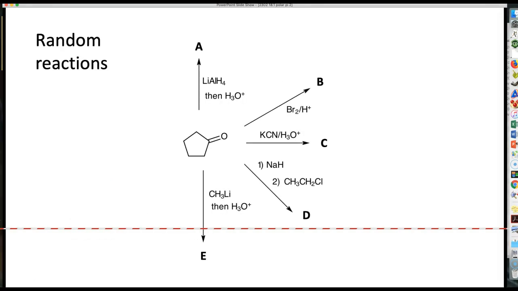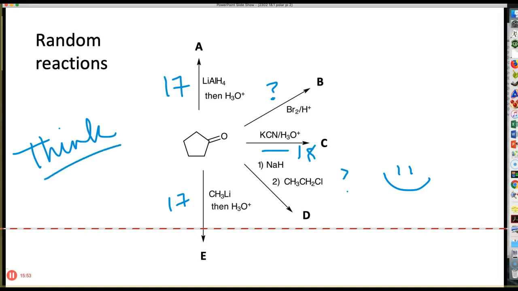All right, so here is just a quick screenshot of some random reactions for you to play with. I will put the key for these in the next mini lecture, but it's basically just trying to keep you on top of things. Chapter 17, chapter 18. It's going to seem overwhelming, and you should think mechanism.